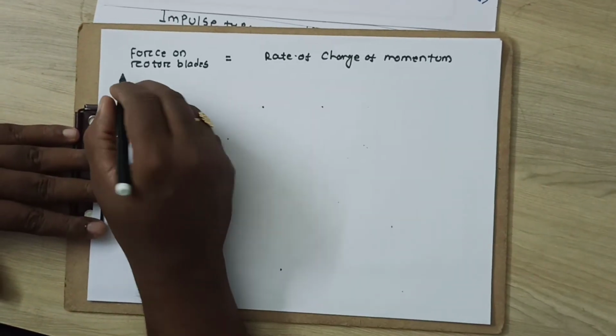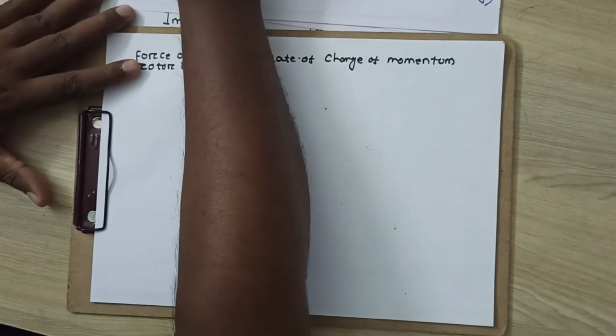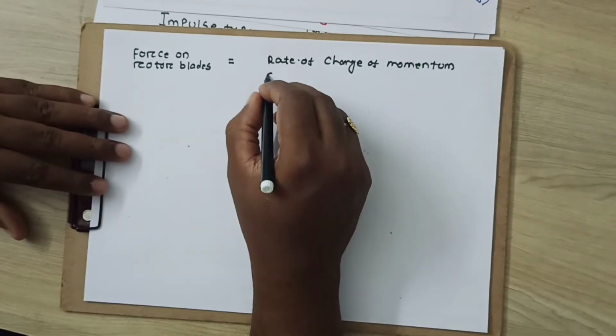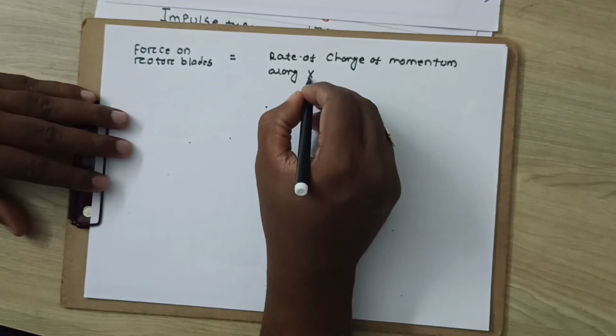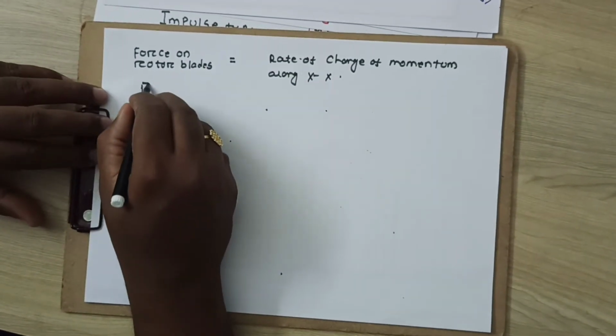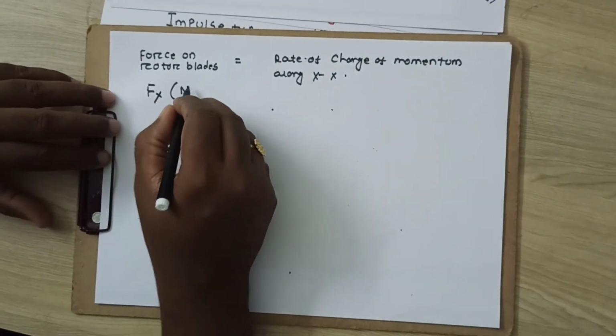Suppose this is the x direction, rate of change of momentum along the x direction. So this will be Fx, in terms of Newton.